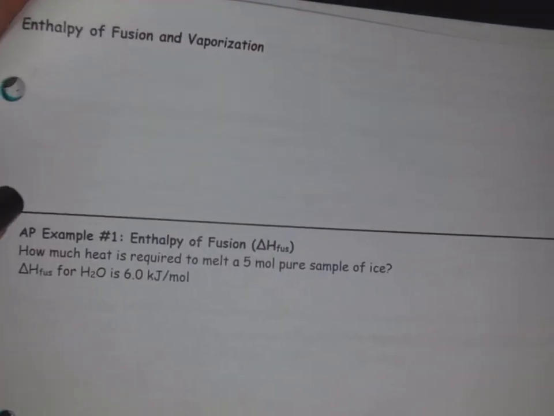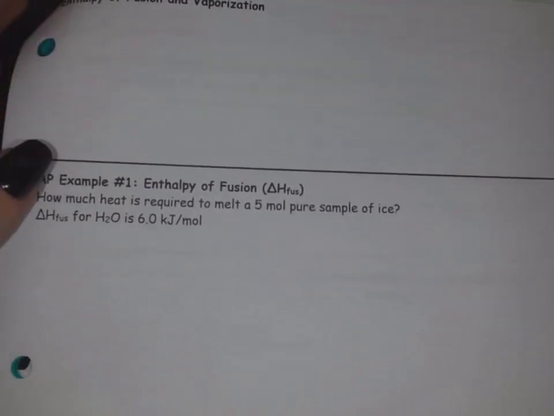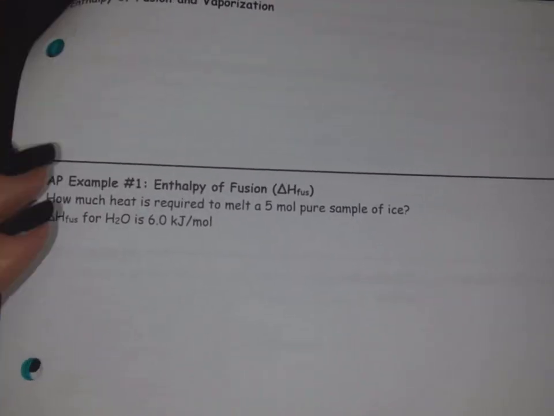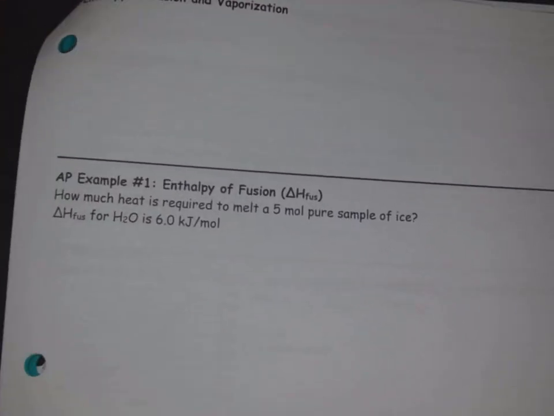We're going to do one last example, then we're going to be done, but I'm going to add something to this, so listen carefully. The question is, how much heat is required to melt a 5 mole pure sample of ice? And I want to change this. So we're going to melt this, okay?